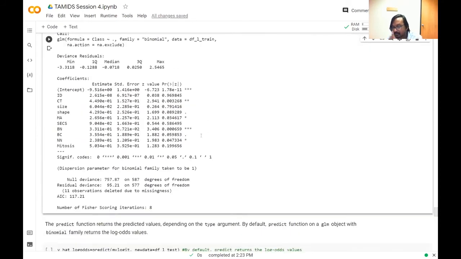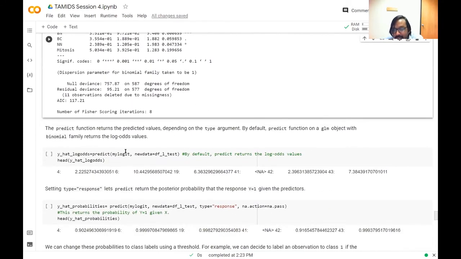So coming back to the predict function, if I directly use predict with the variable that stores the logistic regression and set newdata equal to the testing data, the predict function is going to return the log odds values. Notice that these values are continuous. Also notice that wherever there is NA in the observations, the predicted value is also going to be NA.